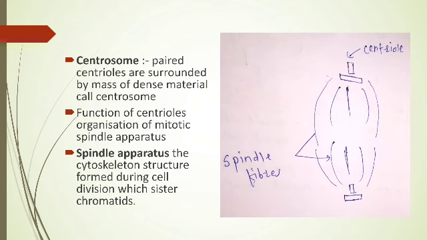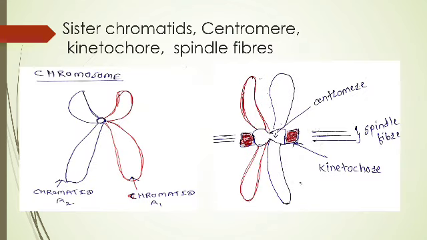Next, three to four concepts: first, sister chromatid; second, centromere; third, kinetochore; and fourth, spindle fibers. In that figure you can see the first figure showing the structure of a chromosome, and the second figure is also showing the structure of a chromosome.